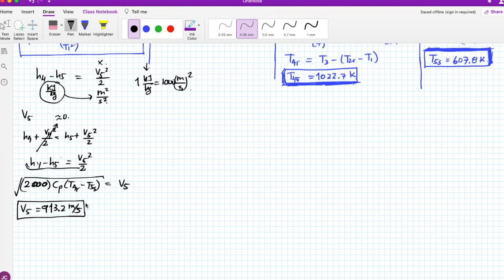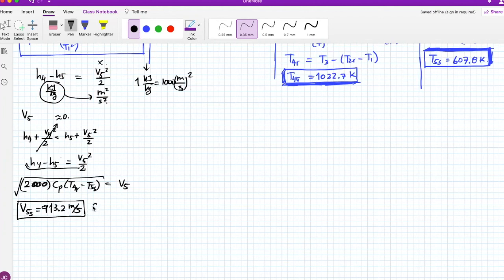Why is that? Because otherwise it won't produce thrust. So it needs to be a higher velocity at the outlet of the nozzle than as it went into the diffuser. So V5, let me emphasize, is the isentropic case. I'm not dealing with a real nozzle, I'm dealing with an ideal nozzle.